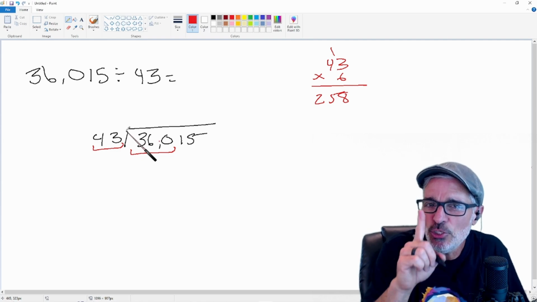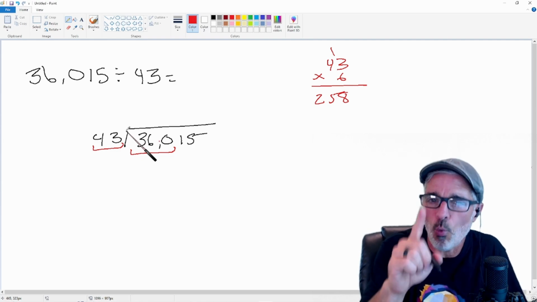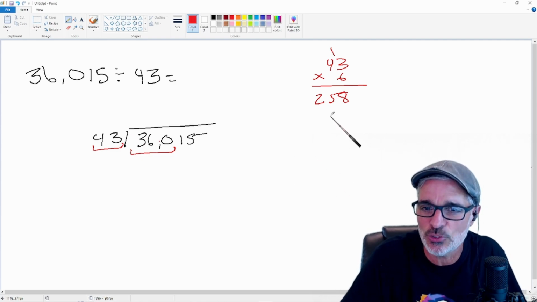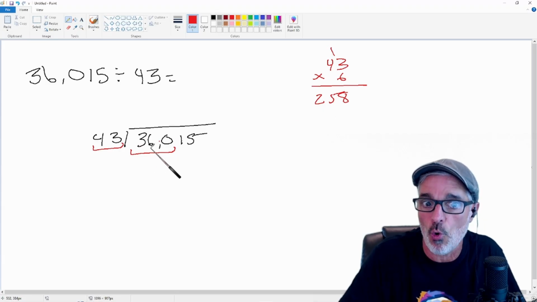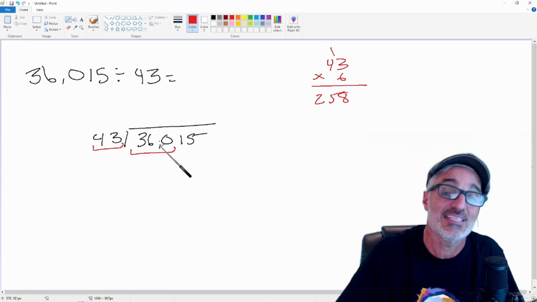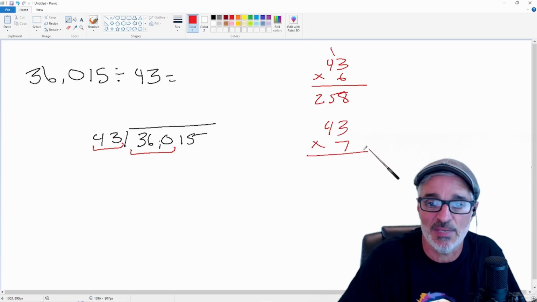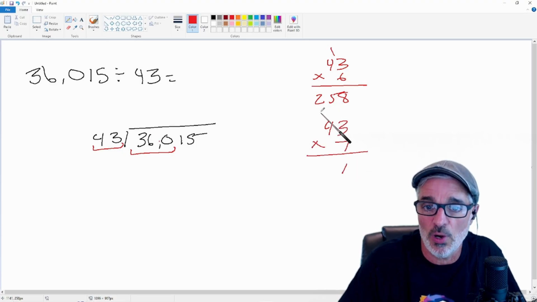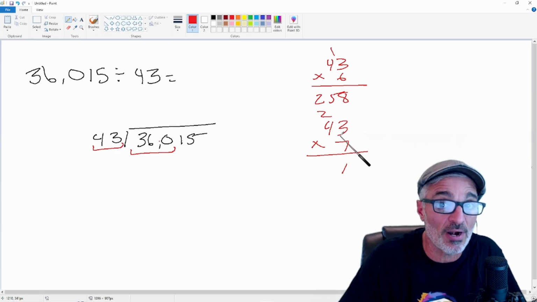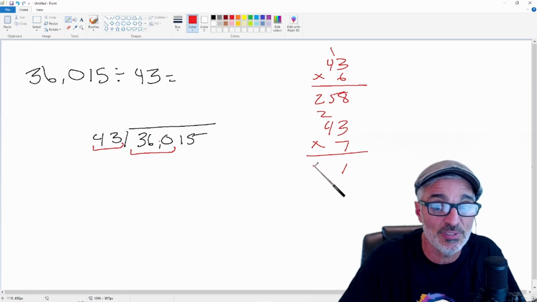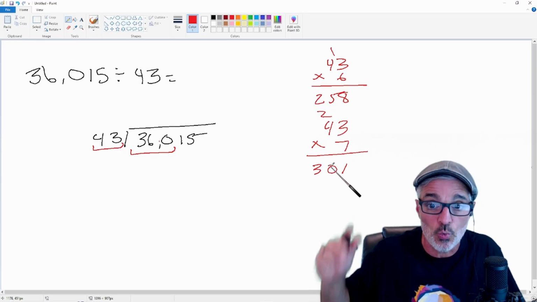Do I think I can use one more? Can I put one more 43 inside that 258 and not go over 360? Let's multiply 43 times 7 to see where it takes me. 7 times 3, that's 21. And 7 times 4, that's 28. Plus 2, that's 30. Ooh, look at that.